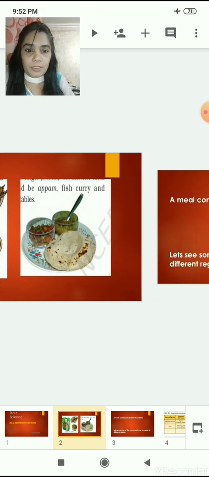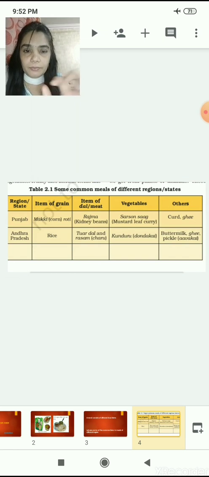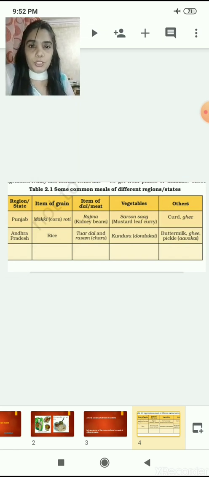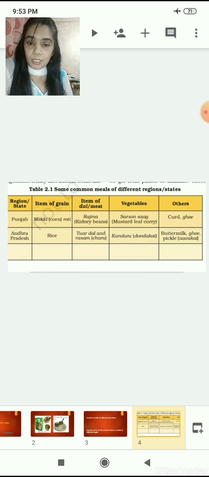So children, see this. Look at this table. It depicts the meals that they have regularly in some of the states. In Punjab, the item of grain is makki ki roti, that is corn roti. Then dal or meat. Some are vegetarian and some are non-vegetarian.